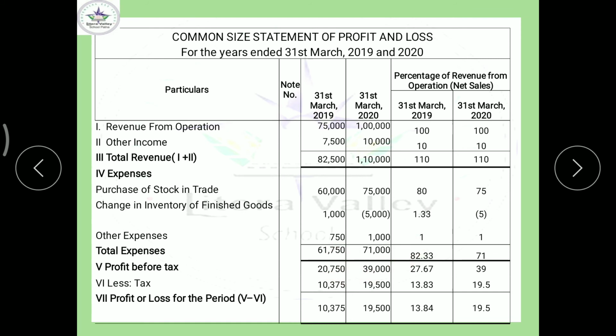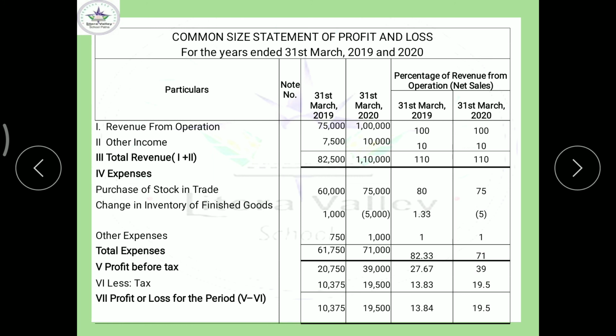Then calculate the income tax on the remaining amount, profit before tax, which is 39,000 here. In the given question 50% tax is to be applied, so it is 19,500. After deducting 19,500 from 39,000, you will get this amount. The same percent is here. Every percent has actually been calculated with reference to this value.